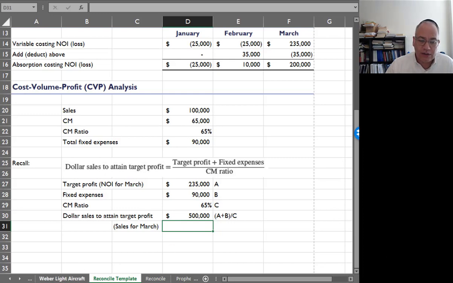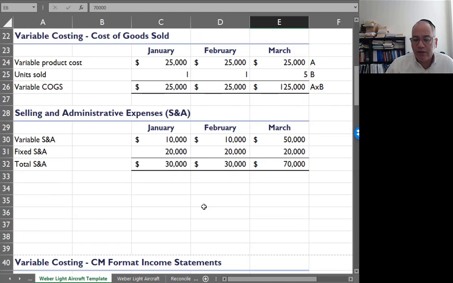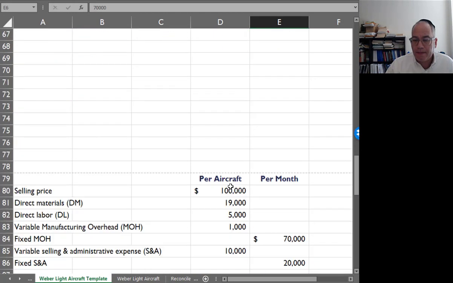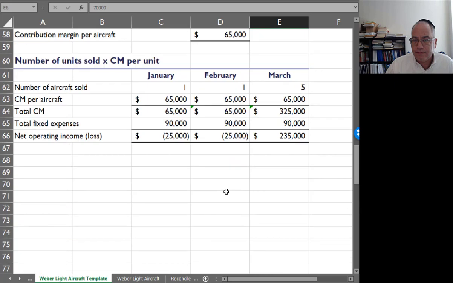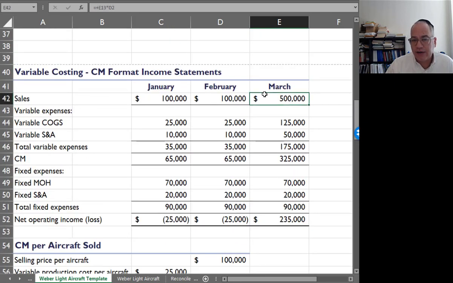So does this work? Let's see. That was our sales, if you remember. Under variable costing, that was our sales in March.